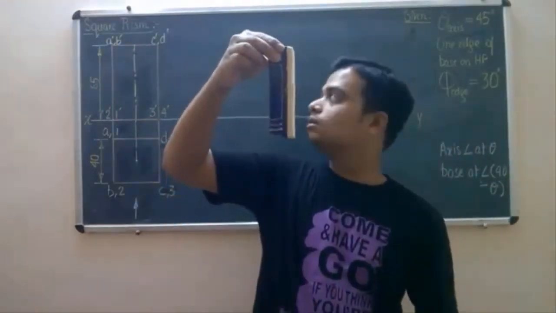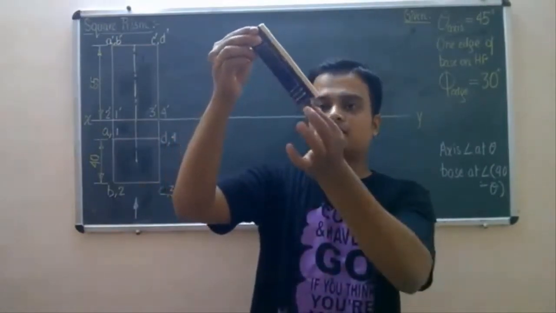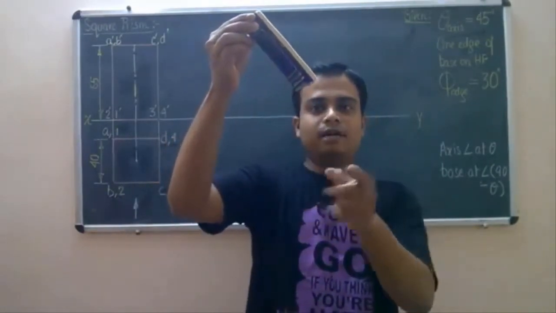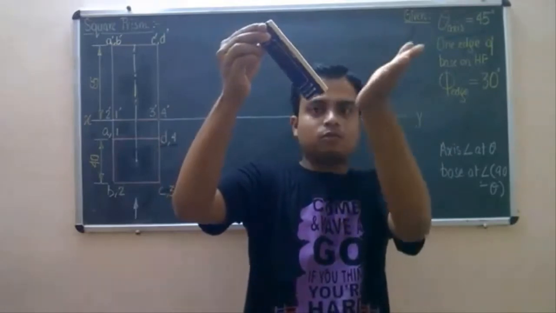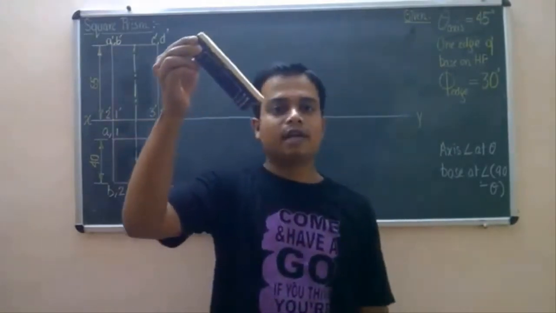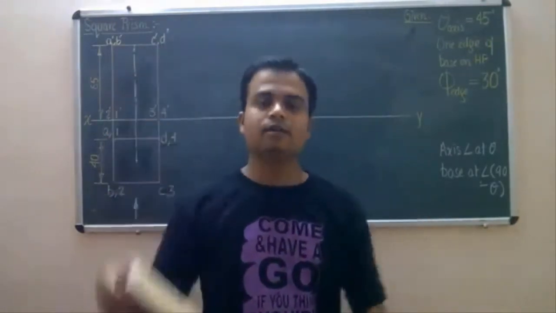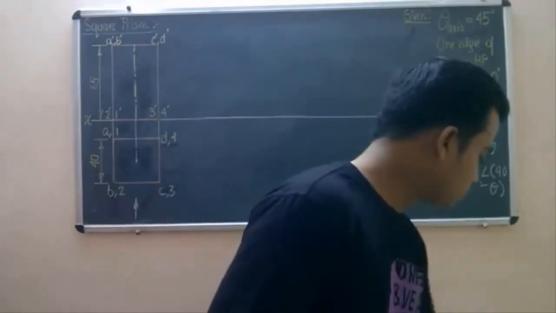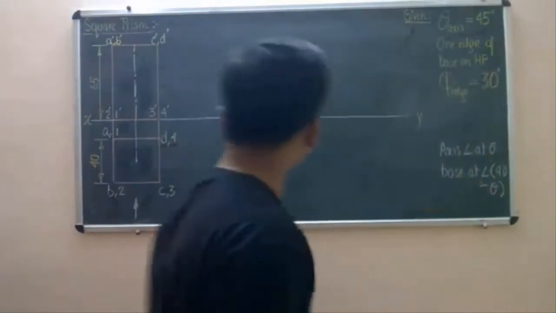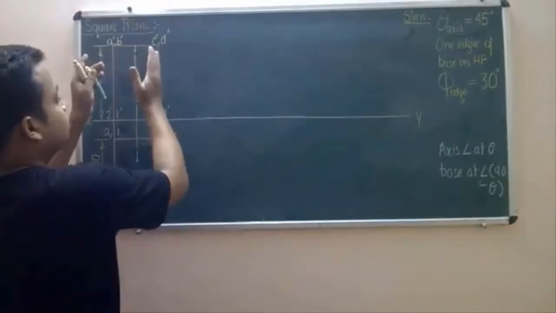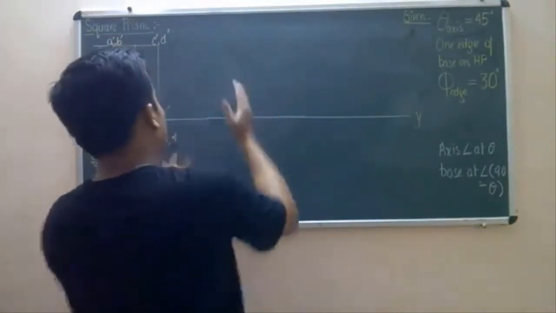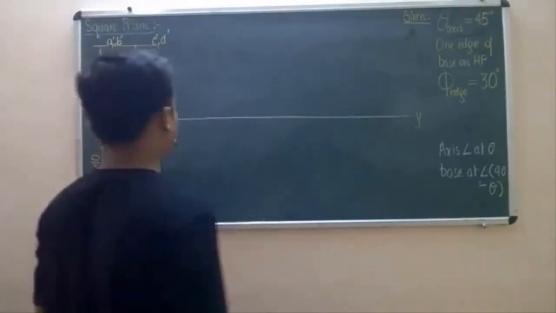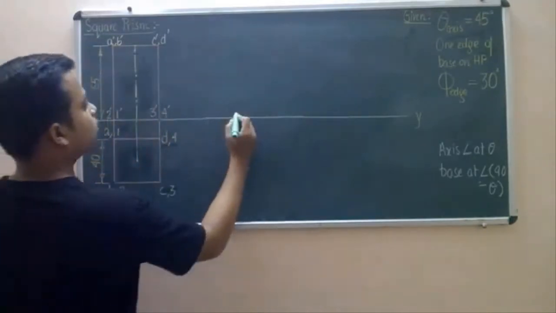Now, when we do this, the axis will be inclined at an angle of 45 degrees, but at the same time, this base over here is also going to make an angle of 90 minus 45, which in fact is 45 degrees. So let us do that quickly. We're going to transform this, make this again, but at a certain angle, which is equivalent to 45 degrees. Okay, let us do this quickly.